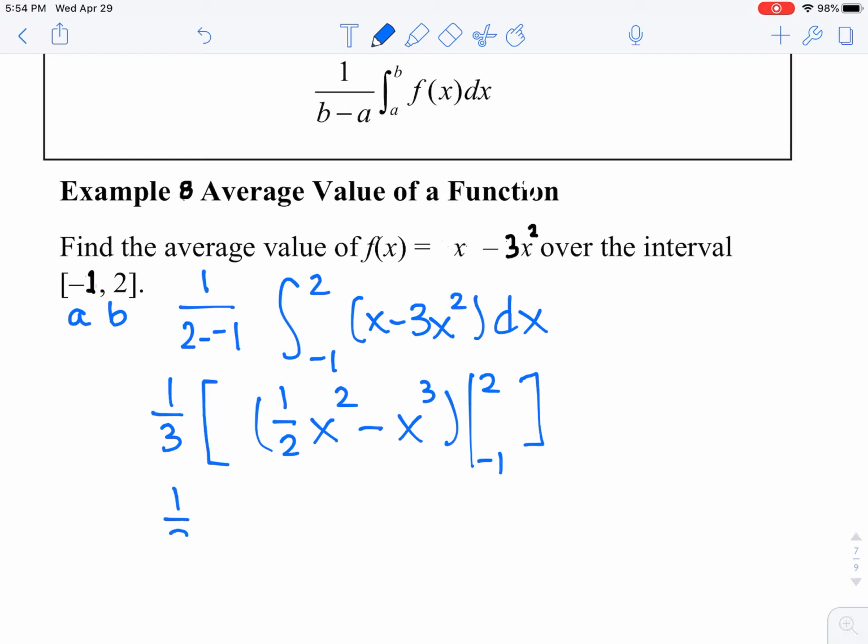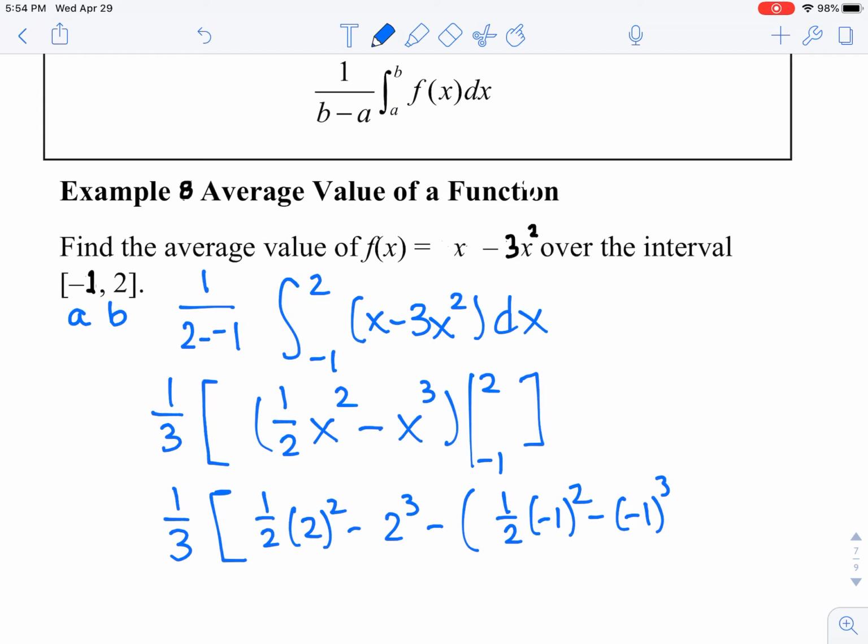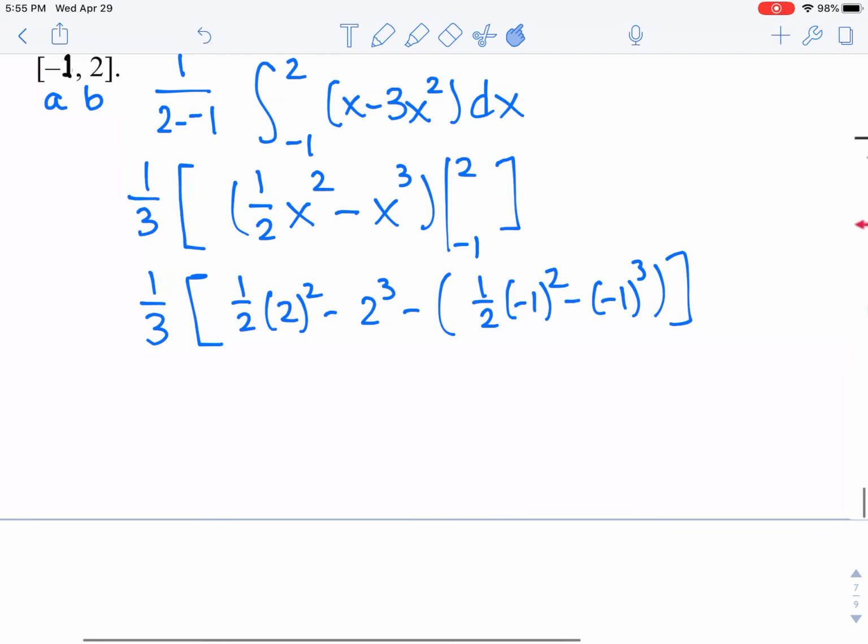So taking the inside here, we have 1/2 2 squared minus 2 cubed minus quantity 1/2 -1 squared minus -1 to the third.